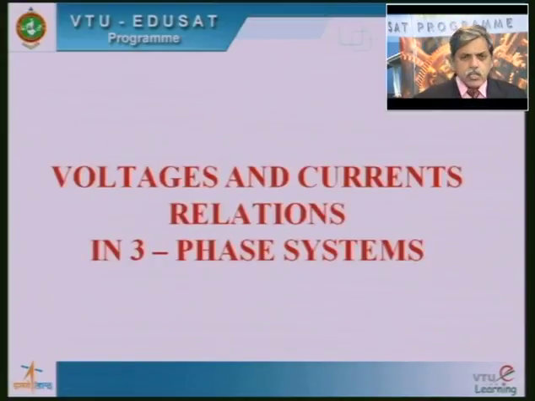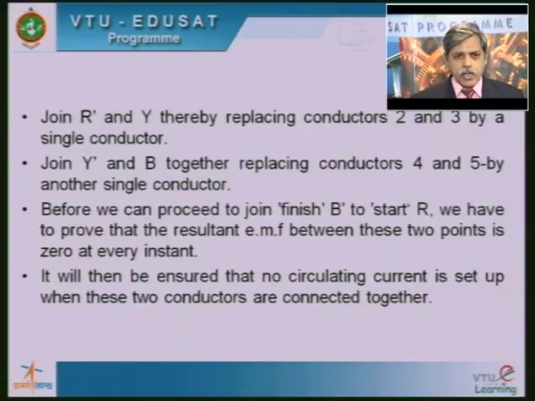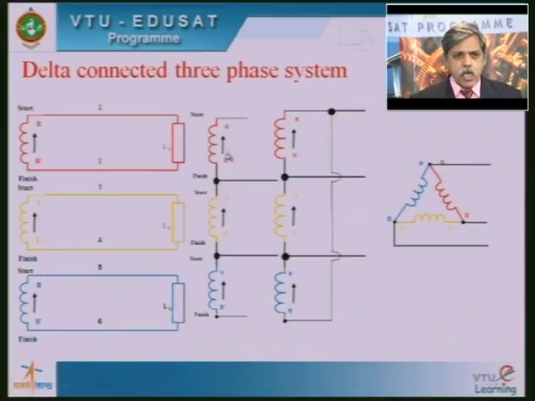Now I will see the voltage and current relationships in the three phase systems. In a star connection or a delta connection, between the terminals of a phase I get one voltage, and between the lines I get another voltage.